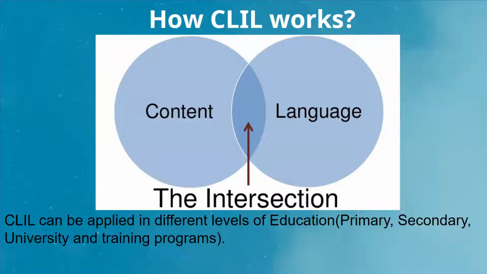But this method intends to teach a subject, and besides that, a language. It's like we study a language and we study a subject using this language. The intersection is the main objective in CLIL, in content and language integrated learning. This is how it works when we integrate content and language in one situation.